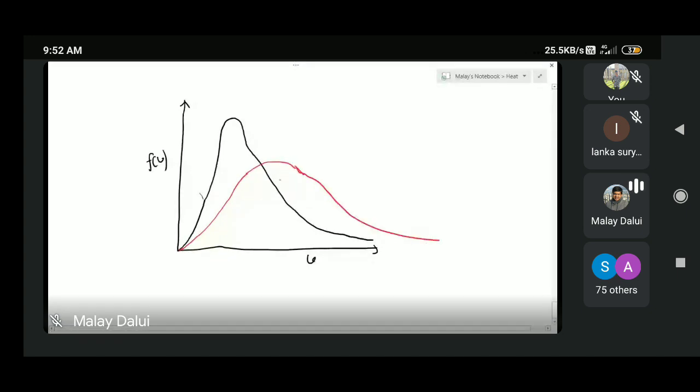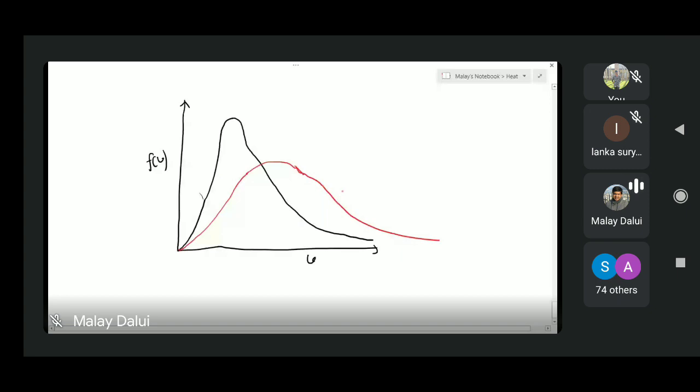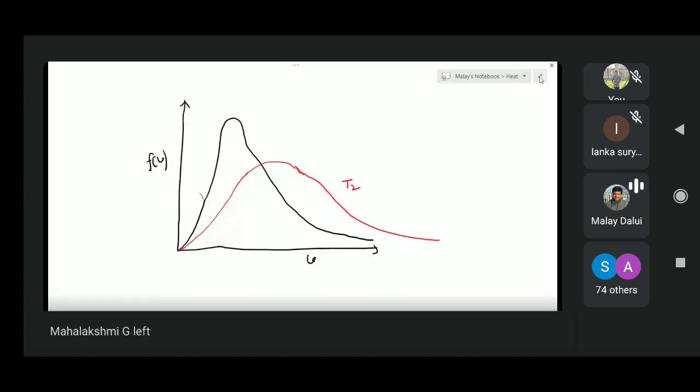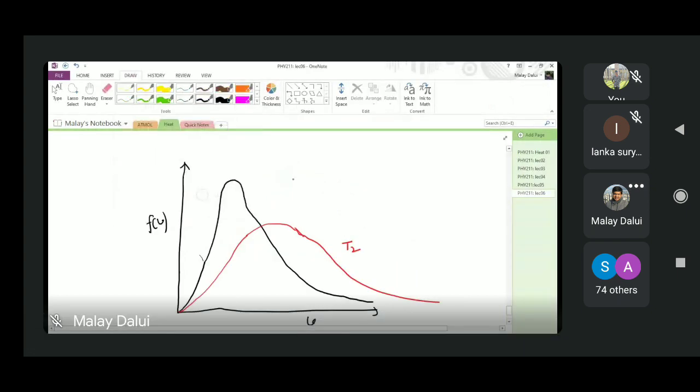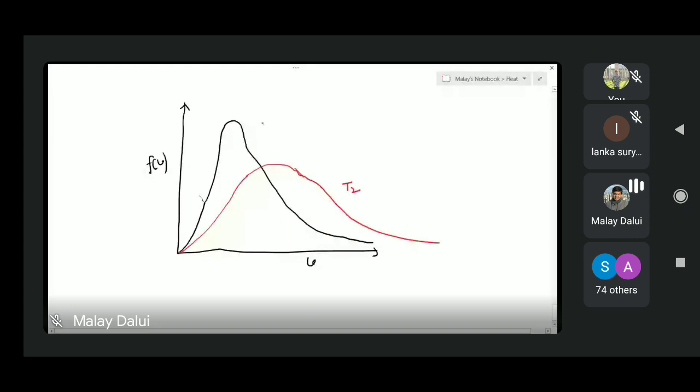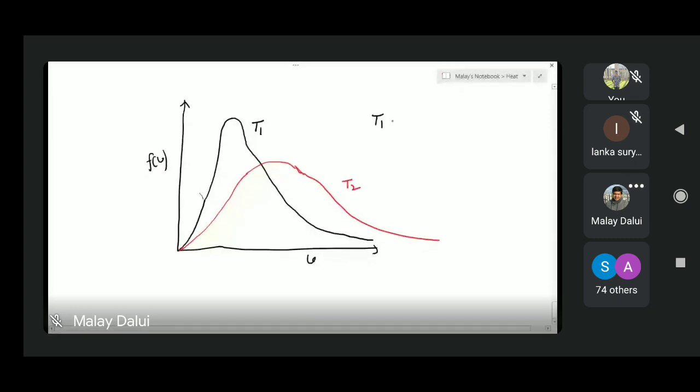The area under both curves is the same, because the total number of molecules is the same. Let's say this is at T2, and the black one is at temperature T1, where T1 is less than T2. Is that all right?